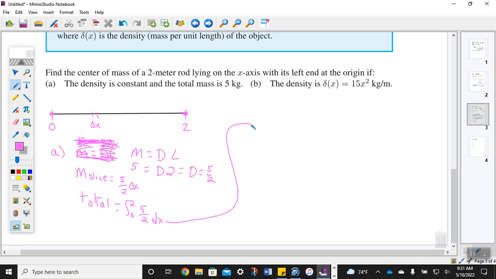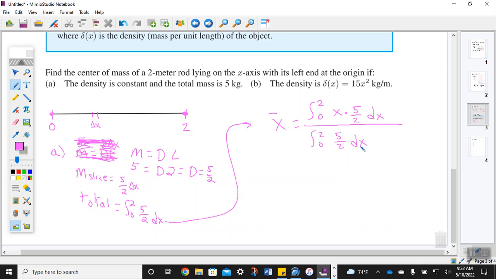The center of mass by formula will equal the integral of, what are my limits on this? 0 to 2 of x times our function, which is what here, kids? 5/2. All over the integral from 0 to 2 of 5/2 dx.